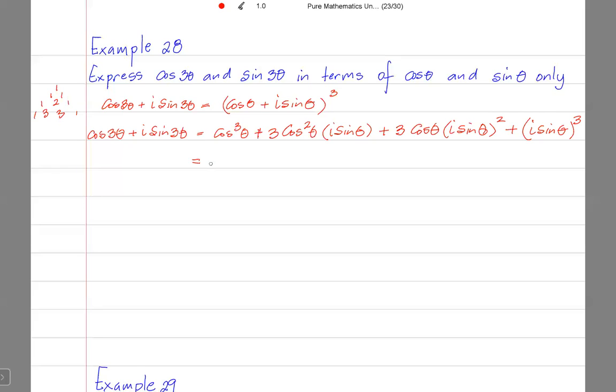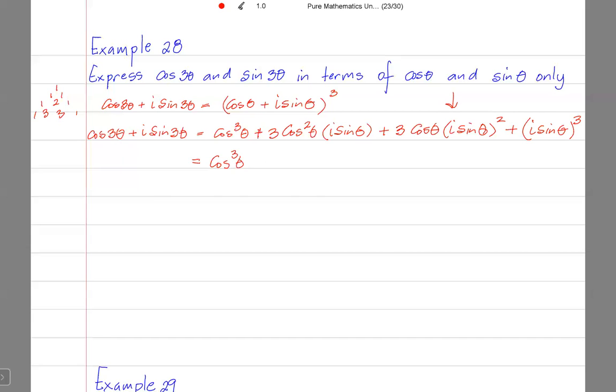So now we have what? Cos 3 theta. I'm working on getting the real term, all the components of the real term. Now note here that if I square this, I'm going to get i square sine square, but i square is equal to minus 1.